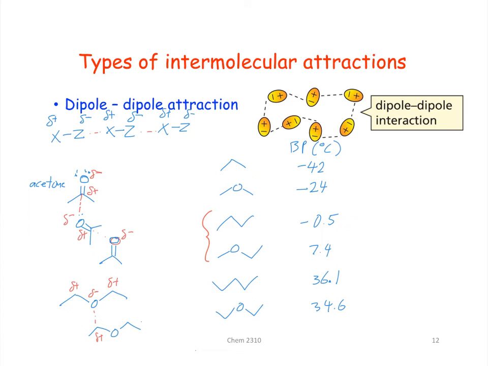The boiling point of acetone is actually 56 degrees Celsius. So notice how much higher the boiling point of acetone is than either butane or methoxyethane. That tells us that the dipole-dipole attractions are much stronger with this carbonyl group than they are for either the alkane or the ether.